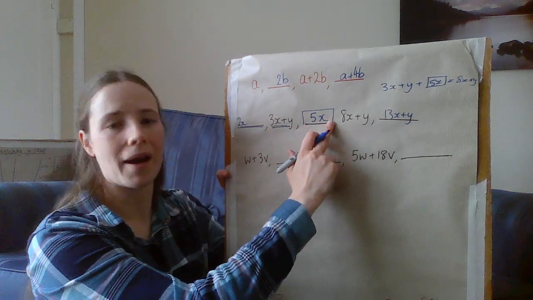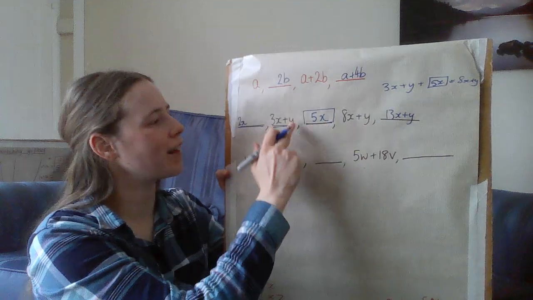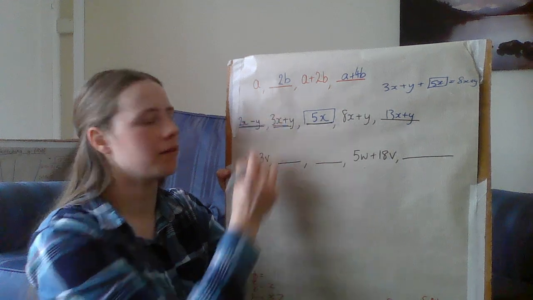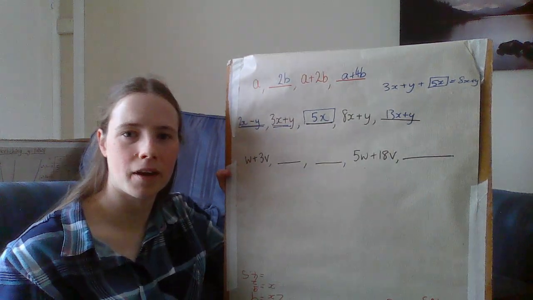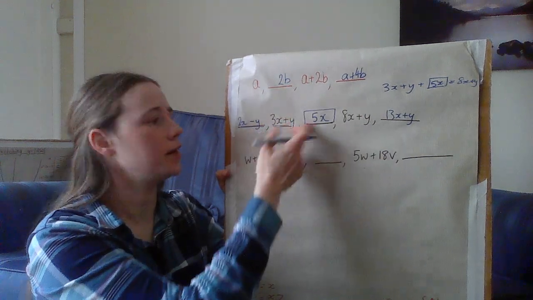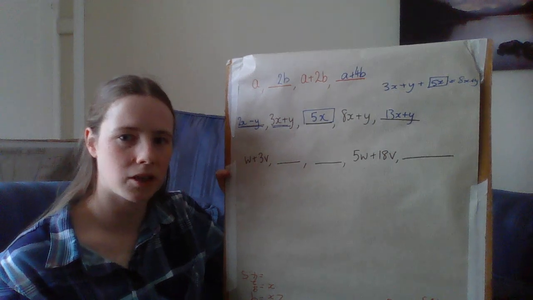Here I need no x's, and I've got no y's, and I've got one y here. So I'm actually going to need a minus y here, because minus y plus y is no y, okay? Or you can think of it as 0 take away 1y gets you minus 1y, whichever way of doing it makes most sense to you.